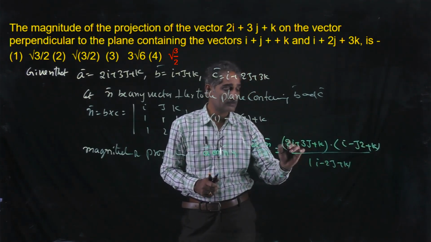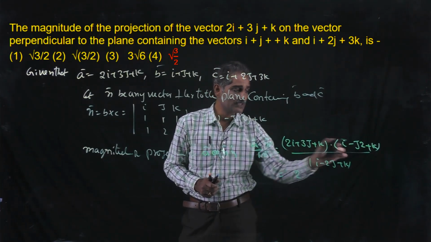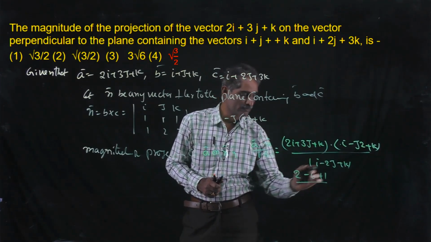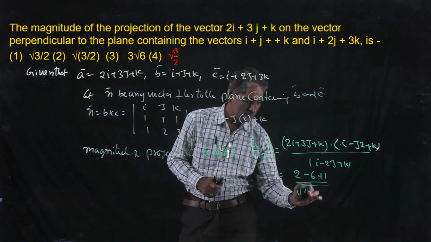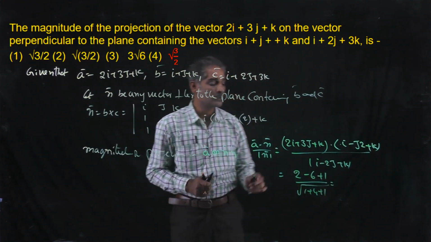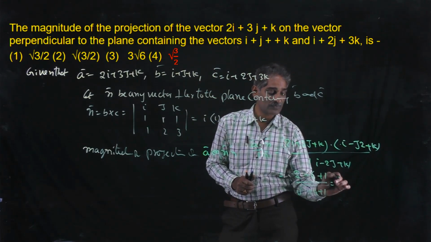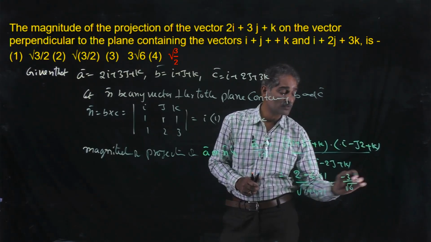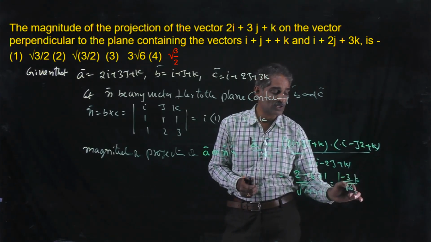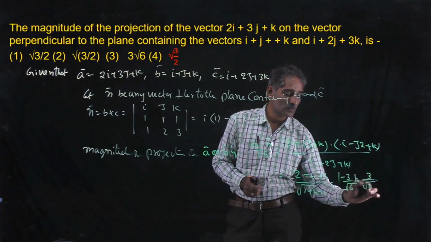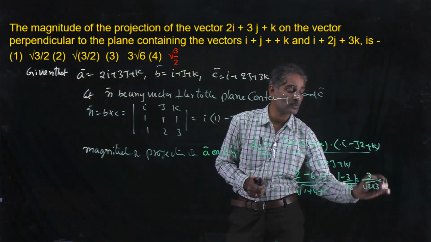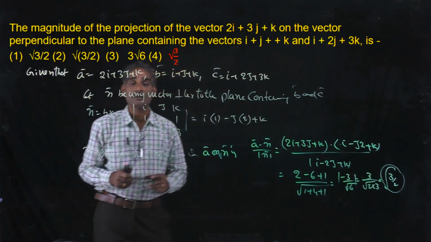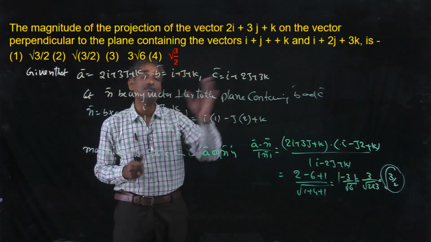Now this is nothing but 2 into 1, plus 3 into minus 2, plus 1, by the magnitude, root of a square plus b square plus c square, that is root 6. So 2 minus 6 plus 1 is minus 3, by root 6. The magnitude means you should take the modulus value, so 3 by root of 2 into 3, that is equal to root of 3 by 2. This is the magnitude of the projection of a bar on the vector which is perpendicular to the plane containing b and c.